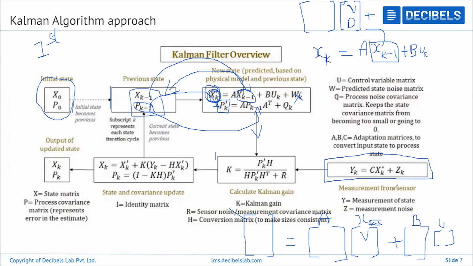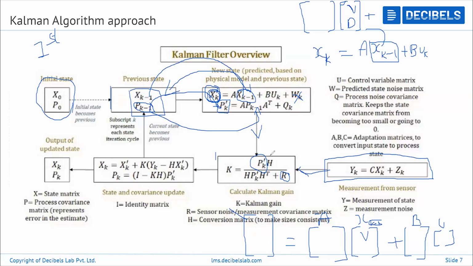So if I take a vehicle, the same thing, the position and the velocity of your vehicle, and you are going to put it into the Kalman gain equation. So this R is nothing but the sensor noise, and this P of K is the process covariance matrix, and H is nothing but your observation matrix. Right now we can consider it as an identity and neglect it.